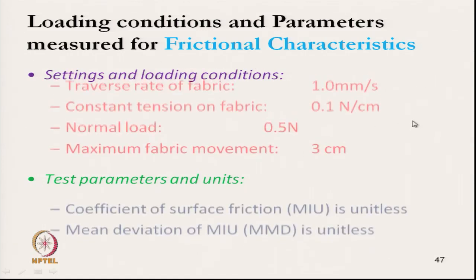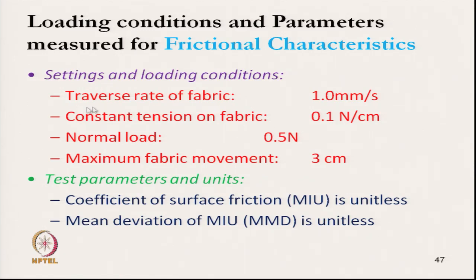The setting and loading conditions are: the traverse rate of fabric is 1 millimeter per second, that is the traverse rate by the rotating drum. Constant tension on fabric is 0.1 Newton per centimeter, which is a dead weight we use. The normal load applied at the friction point is 0.5 Newton, a very small load, and maximum fabric movement is 3 centimeter.